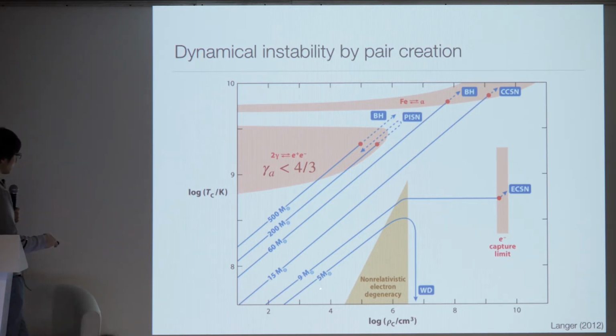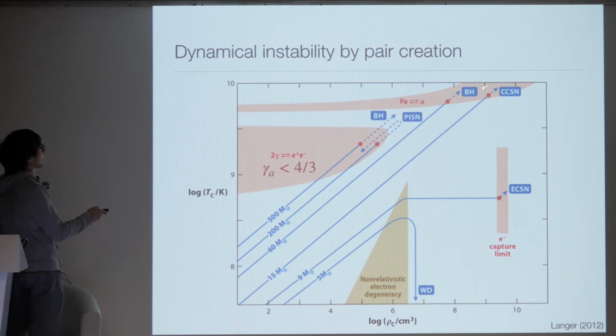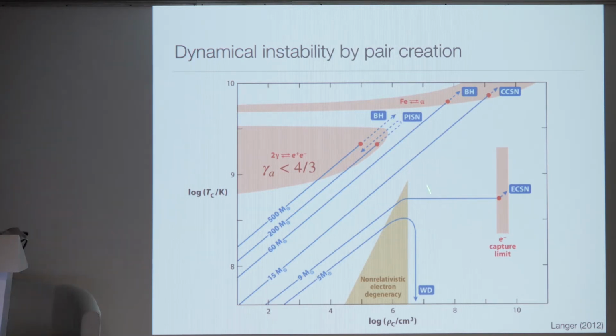If the mass is low enough, then this will go to this degenerate region, and that will lead to white dwarf formation. If the star is massive enough, then they will avoid this region, and eventually the core will collapse.